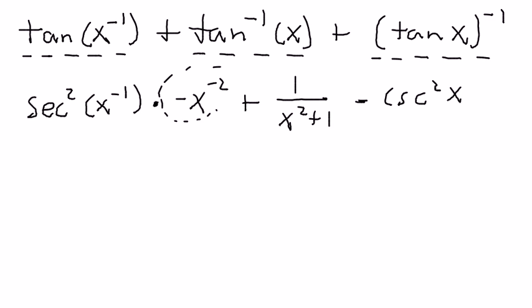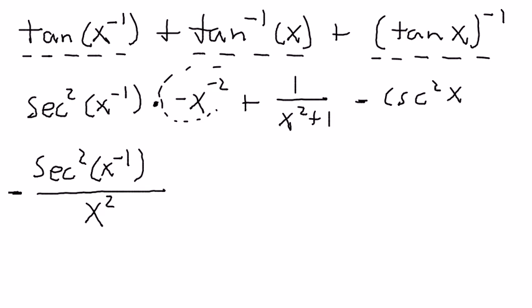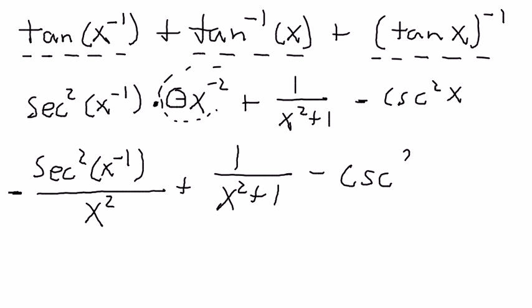So I could write it as the secant squared of x to the negative 1, let's make all that negative, over x squared. I made all of it negative there because of that negative right there. And then the middle term stays the same. And then the last one is minus cosecant squared of x.